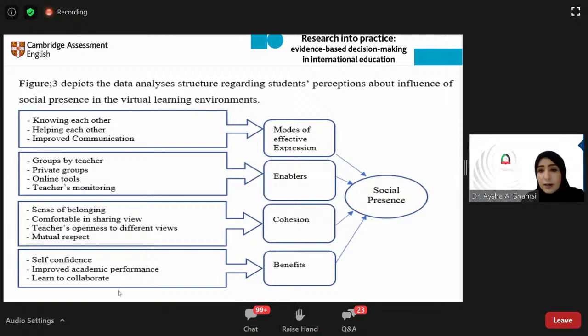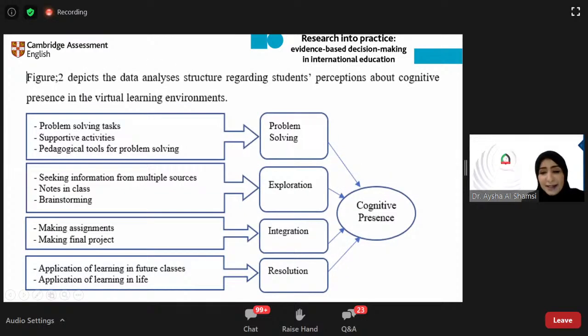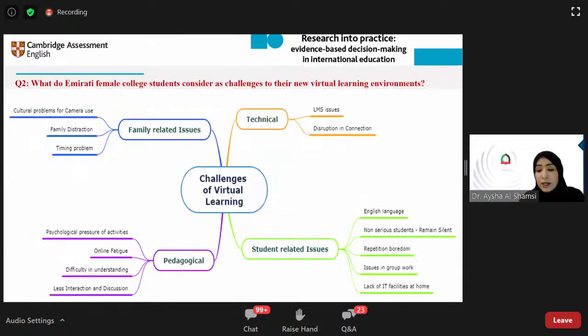I'll just move to the third aspect, which is the cognitive aspect here, the encouragement of problem solving, exploration, integration, and resolution. The challenges, here are the challenges.